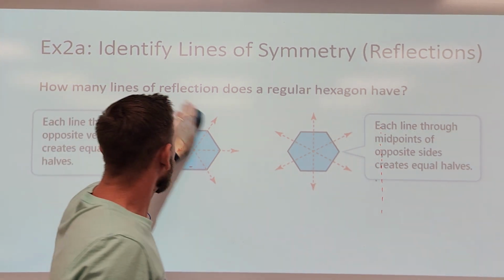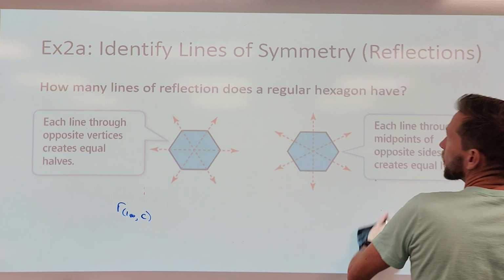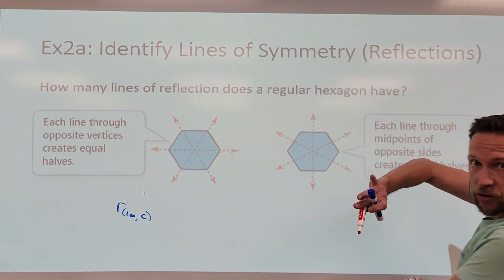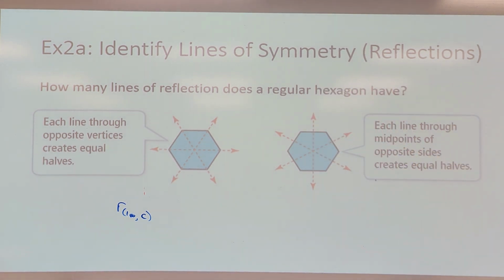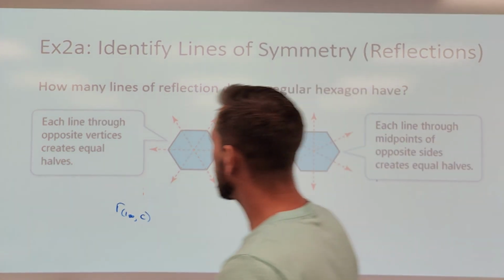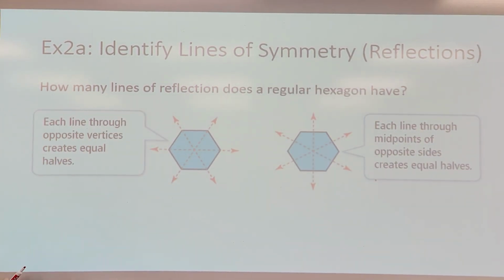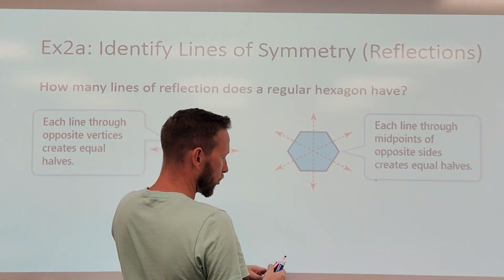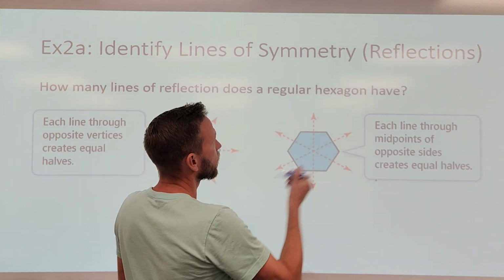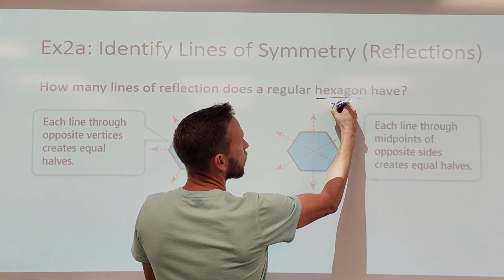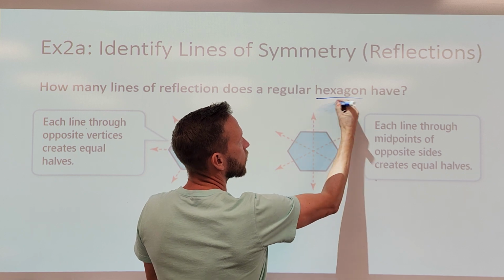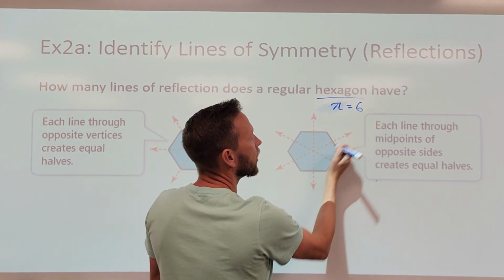Dealing with regular polygons. Now, regular polygons are a little bit interesting. So let's talk about just lines of symmetry. We're not going to talk about rotations quite yet. But in these figures, a regular hexagon, let's explain what a regular hexagon is. A hexagon is where the number of sides, which we usually say n, is 6.